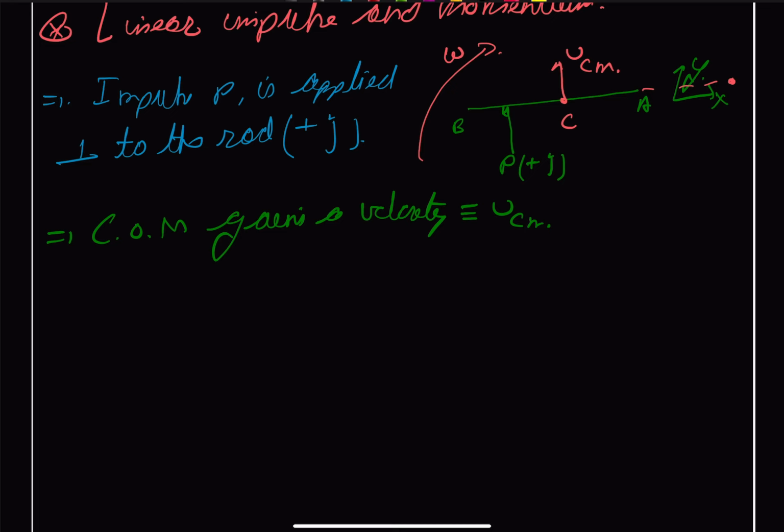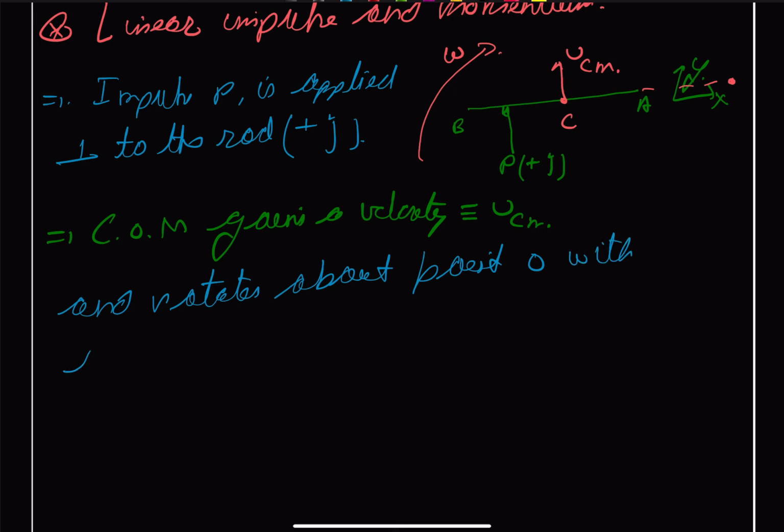So the center of mass gains a velocity VCM and rotates about point O with angular velocity omega.